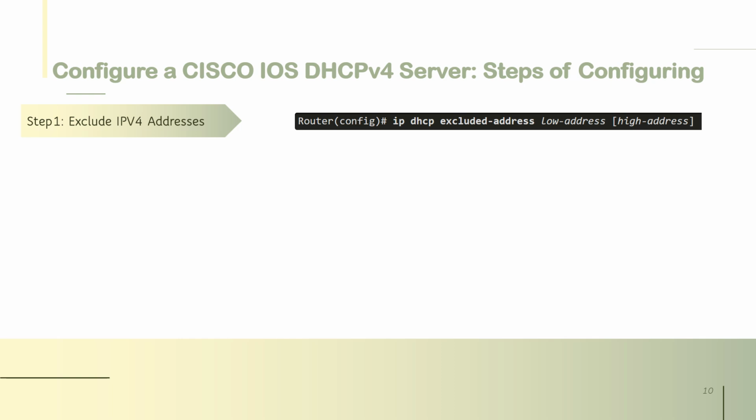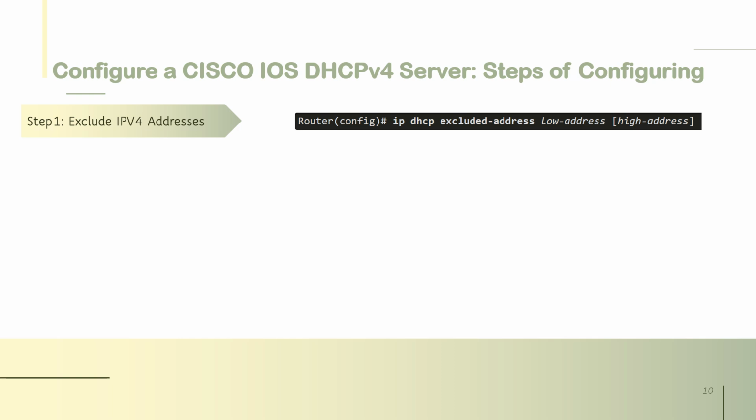A single address or a range of addresses can be excluded by specifying the low address and high address of the range. Excluded addresses should be those addresses that are assigned to routers, servers, printers, and other devices that have been or will be manually configured. You can also enter the command multiple times for configuring the excluded IPv4 addresses.